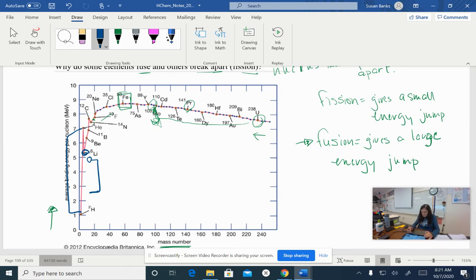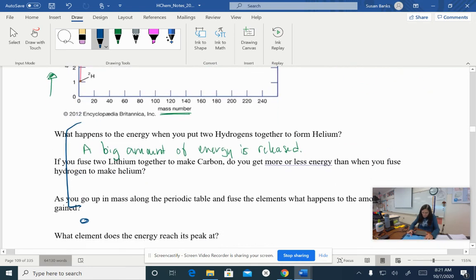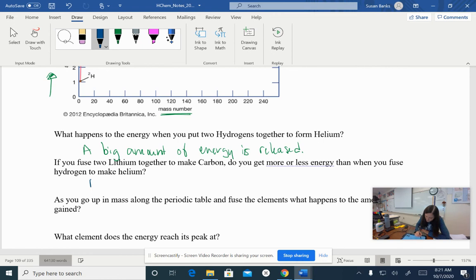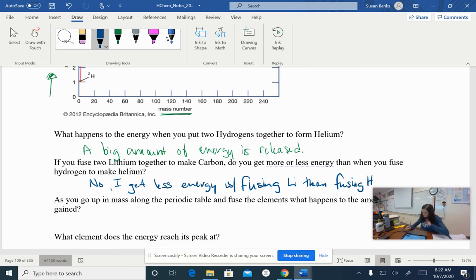It's not even close, is it? So, no, I get less energy with fusing lithium than fusing hydrogen.